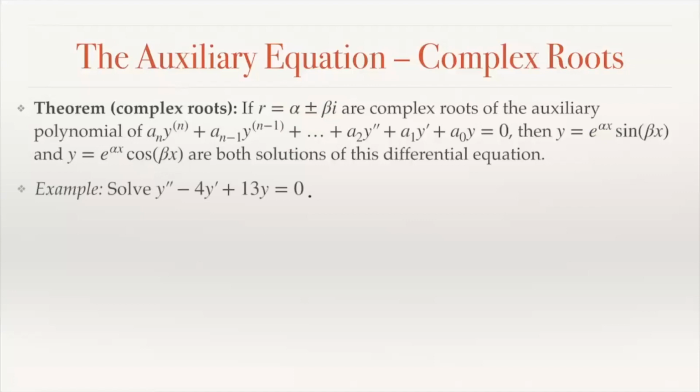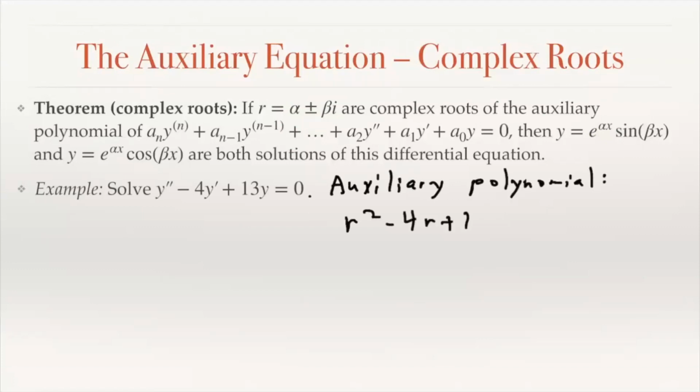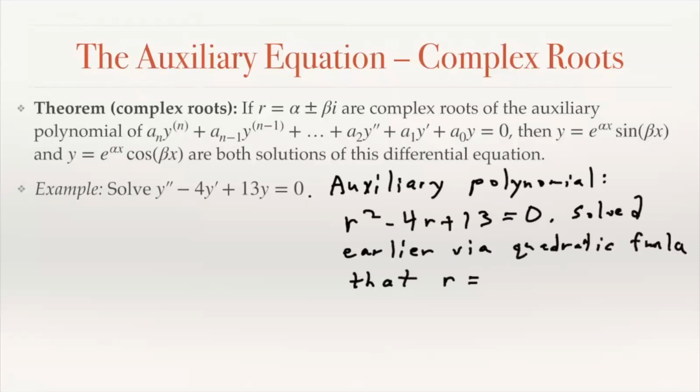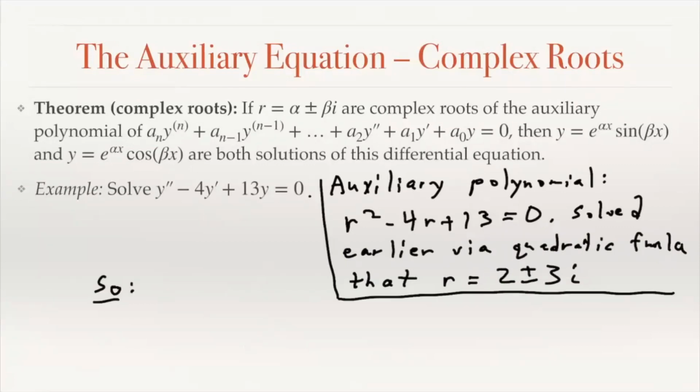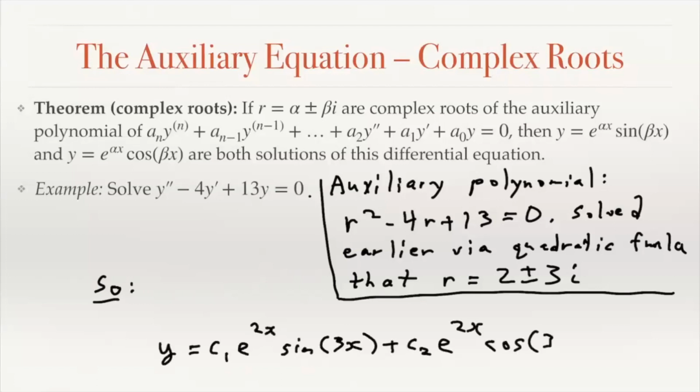So, for example, what is the general solution to this differential equation? Well, the auxiliary polynomial is r squared minus 4r plus 13 equals 0. And we solved earlier via the quadratic formula that r is equal to 2 plus or minus 3i. So therefore the general solution is c1 e to the 2x sine 3x plus c2 e to the 2x cosine 3x.